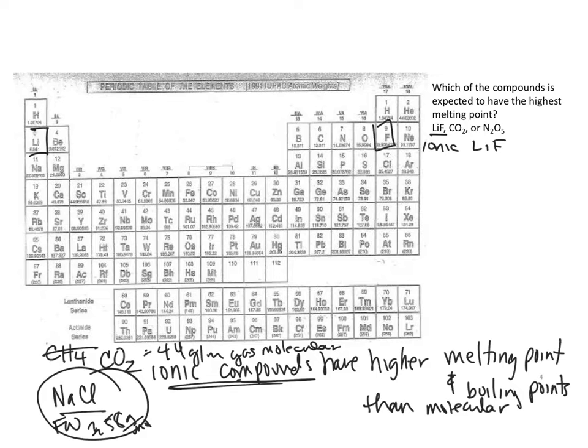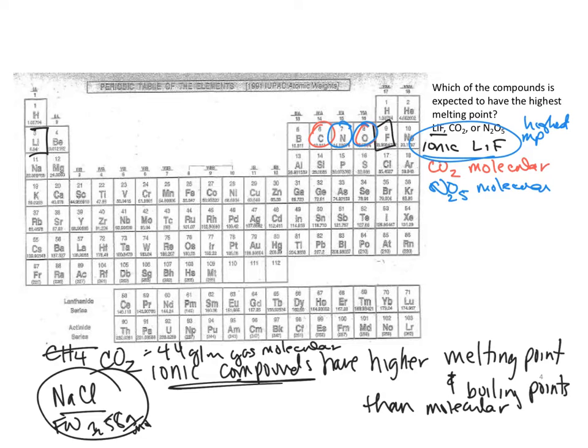Carbon dioxide, nonmetal with a nonmetal, that's going to be molecular. And then nitrogen with oxygen, N2O5, is going to be molecular. So the compound expected to have the highest melting point would be the ionic compound, which is lithium fluoride.